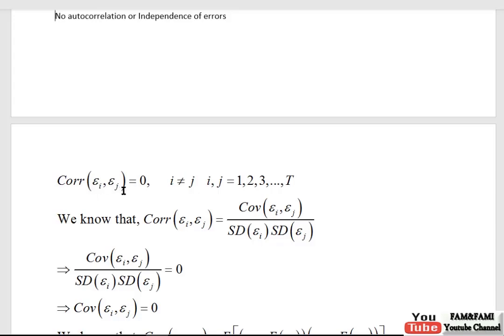Let's say epsilon 1 is height and epsilon j is also height, because we are using the same subscript. If you take the correlation between the same variables, it will always be equal to 1 or 100%. So the independence assumption means that if you take any two different errors, they must be different, not the same, because if we use the same variable at both places, the correlation will always be 100%.